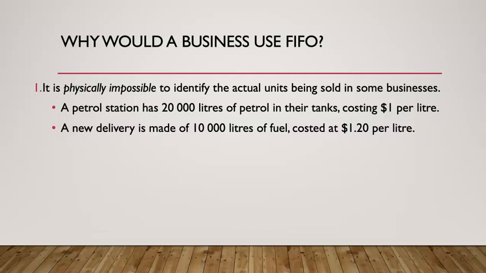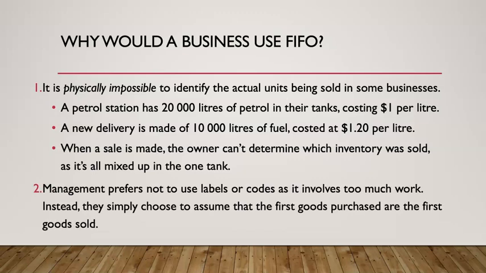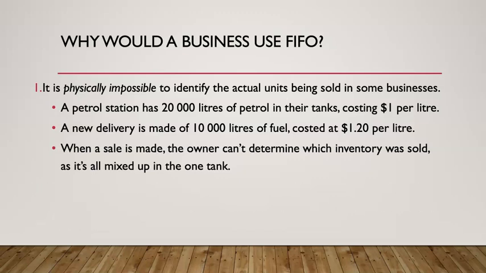So if we're doing identified cost, we would then have to identify which one's been left. But for FIFO, we know the $1 is older. The issue is when a sale is made, the owner of the petrol station has no way of determining what inventory has been sold. It's all been mixed up. So they must make the assumption that the $1 petrol is used first. Only once 20,000 litres of petrol has been used can they start to think that the $1.20 petrol is being sold. And this is a good example of how it's impossible.